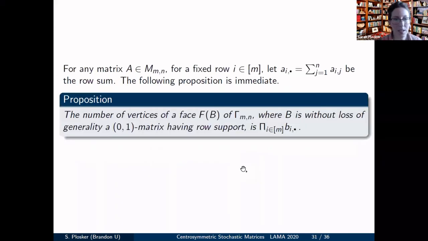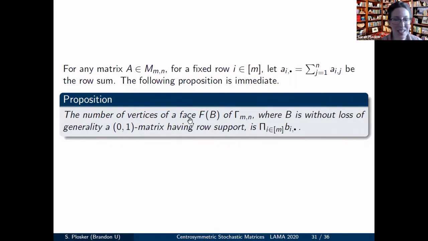Okay, so I'm going to use the notation B_i dot to mean the row sum. The dot just means I'm summing over all j's. If I can avoid indices, I do, because I don't like them.